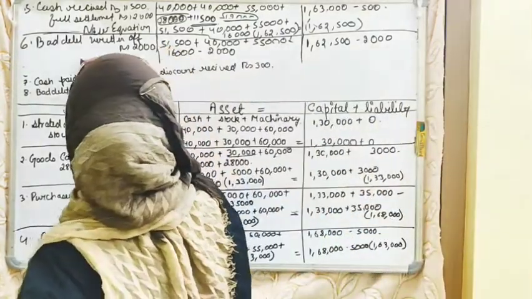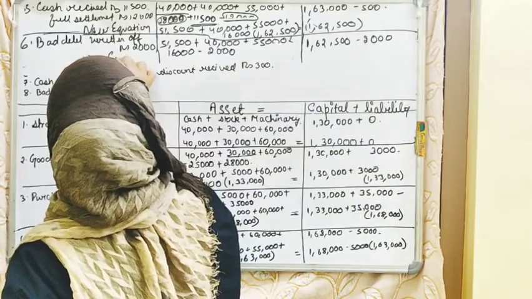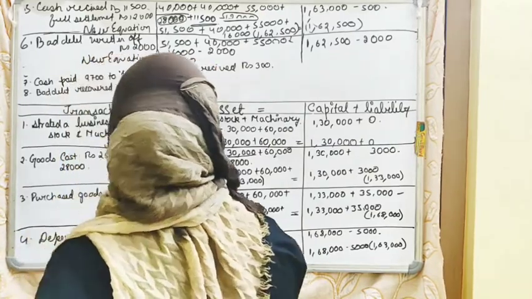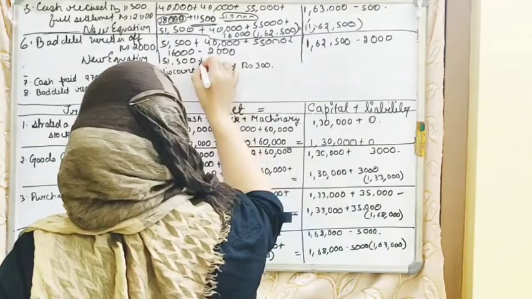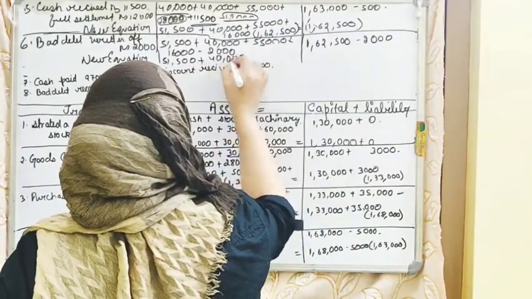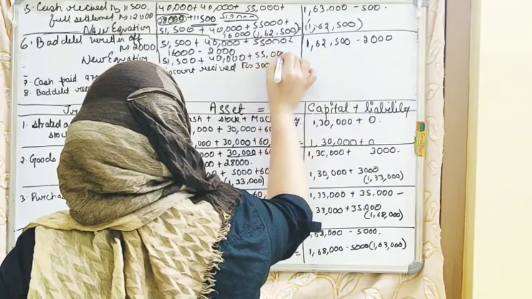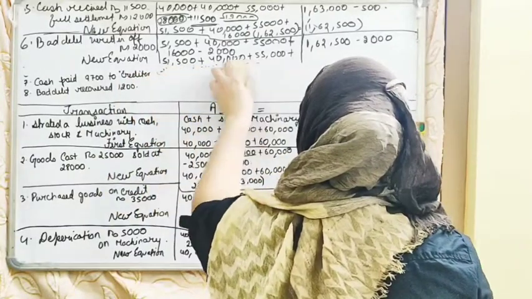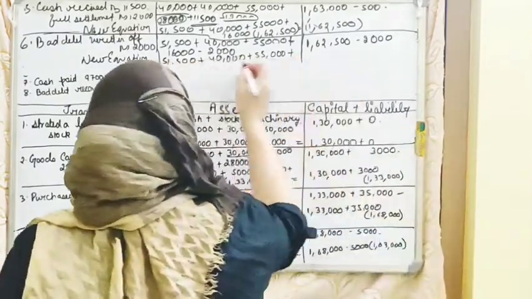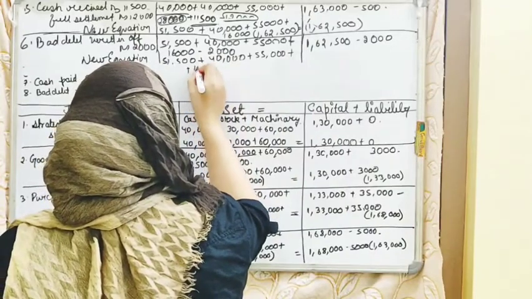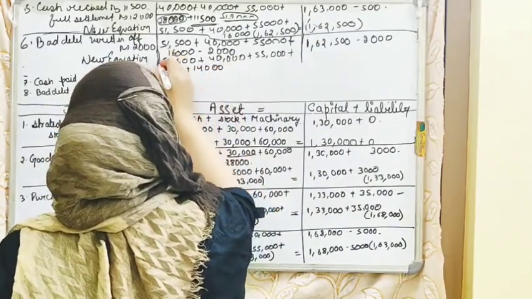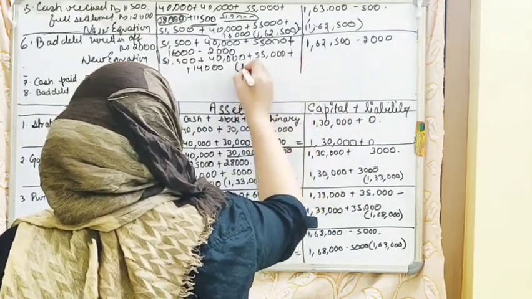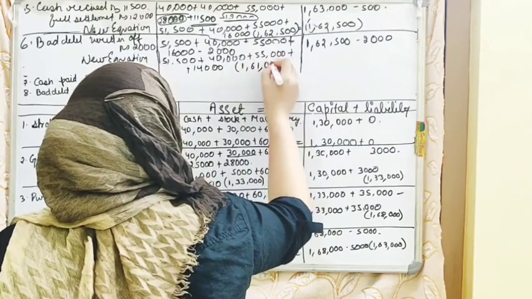So what will be your new equation? 51,500 plus 40,000 plus 55,000 plus 16,000 minus 2,000 plus 14,000, which comes to an amount of rupees 1,61,000.